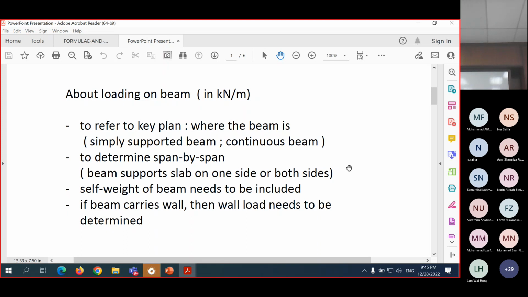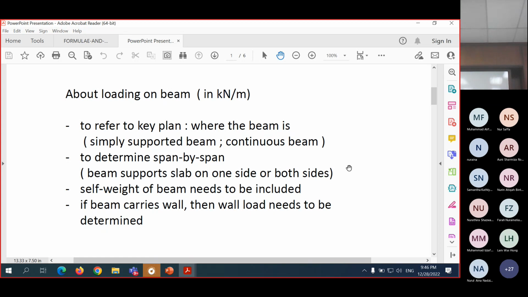In this case, you don't double count, because the self-weight of the slab is already considered when we calculate load from the slab. So when we calculate dead load of the beam, we can take away the thickness of the slab, or you can consider again the whole depth of the beam.